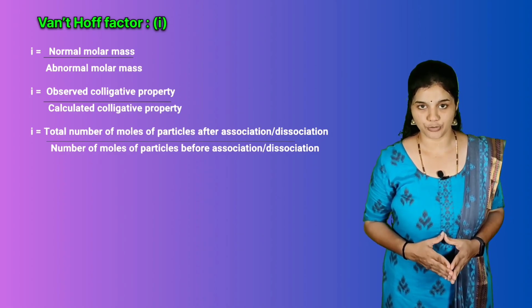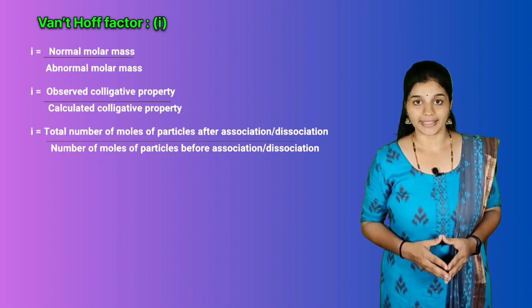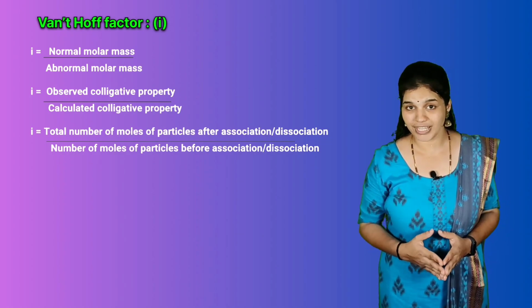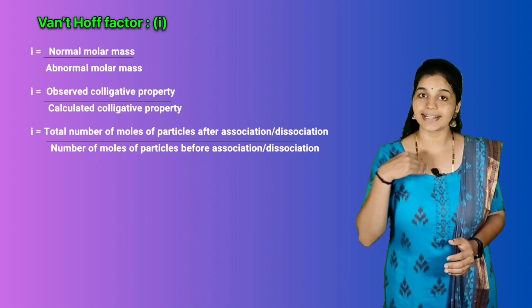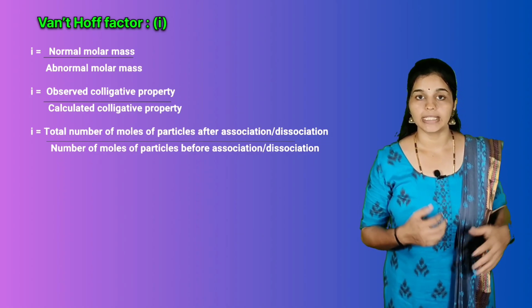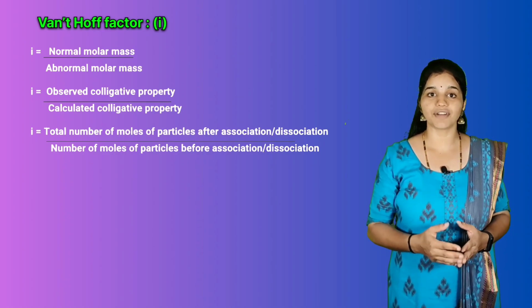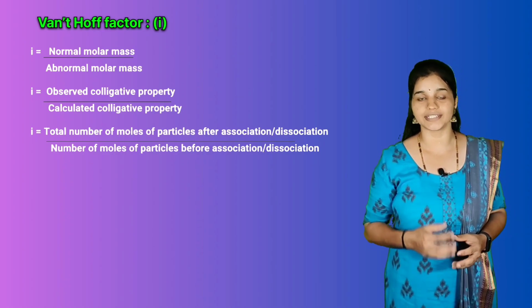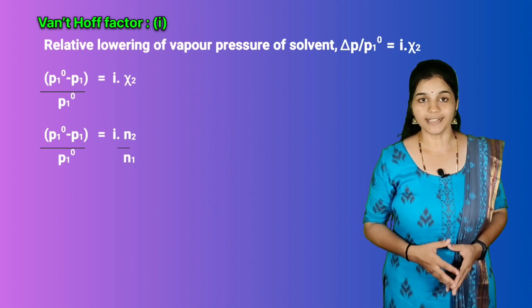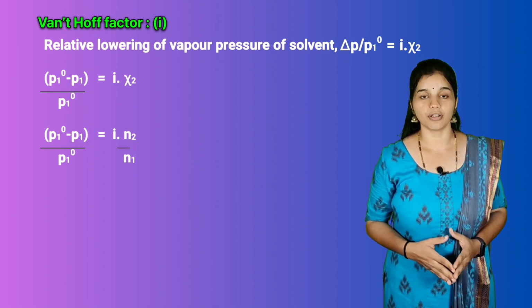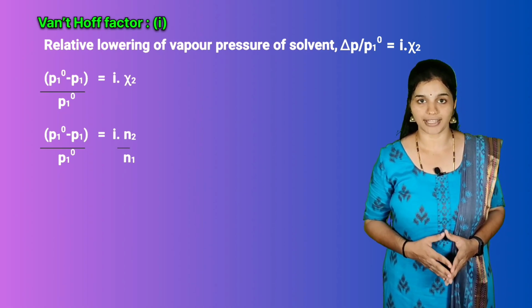In case of association, the value of i is less than unity, while for dissociation the value of i is greater than unity. Now, including this Van 't Hoff factor, we can modify the equations for colligative properties. Relative lowering of vapor pressure of solvent is written as delta P divided by P1 naught, which is equal to i into chi 2.